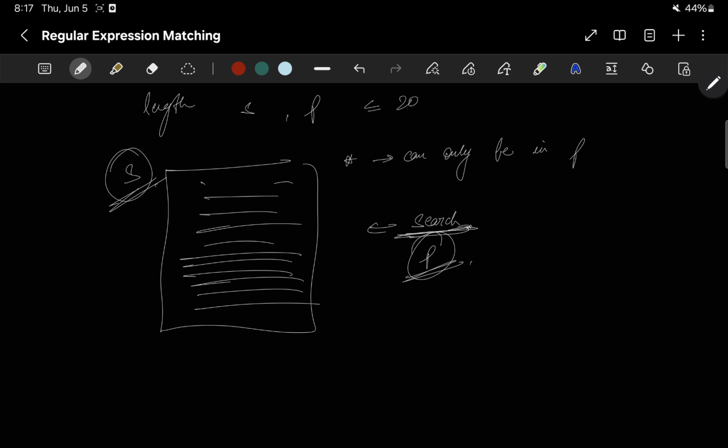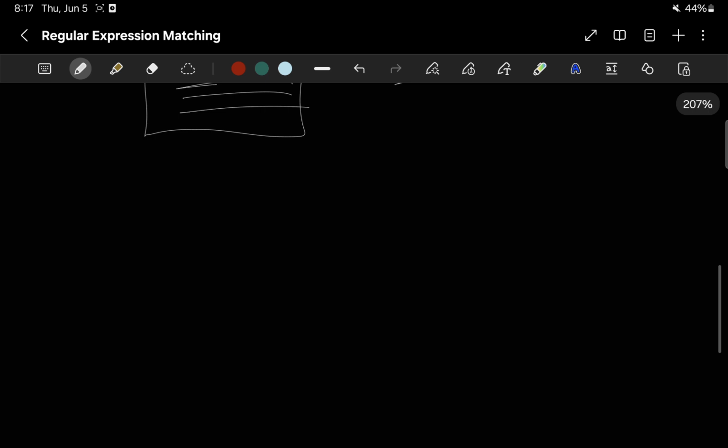So now that we know the constraints and the problem statement, let's see how the solution can be made. In S you have something, in P you have something. Let's understand with an example.